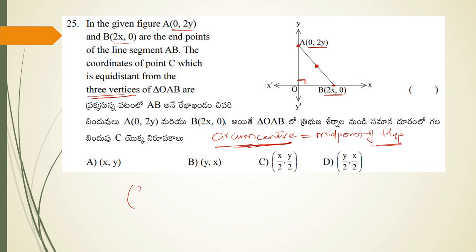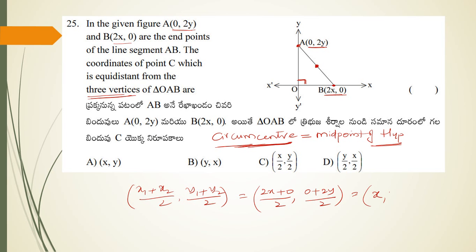The midpoint formula is x1 plus x2 by 2 comma y1 plus y2 by 2. Now when I substitute these values, 2x plus 0 by 2 comma 0 plus 2y by 2. This gives 2x by 2 is x, and 2y by 2 is y. So the answer is x comma y. The circumcenter is the midpoint of the hypotenuse.